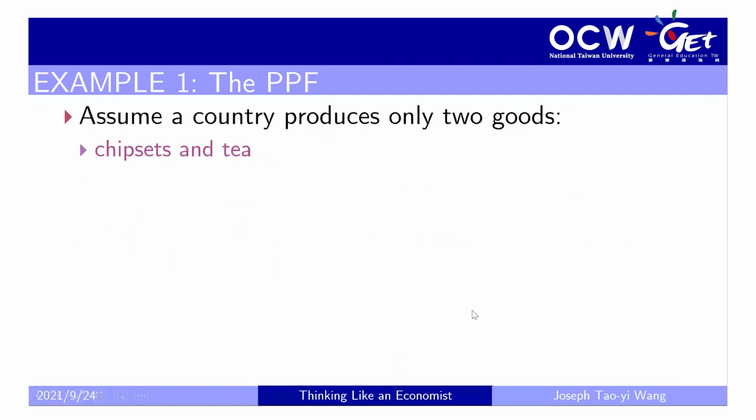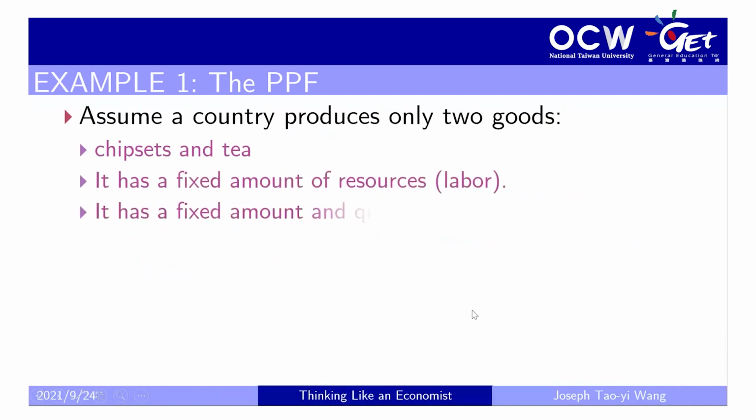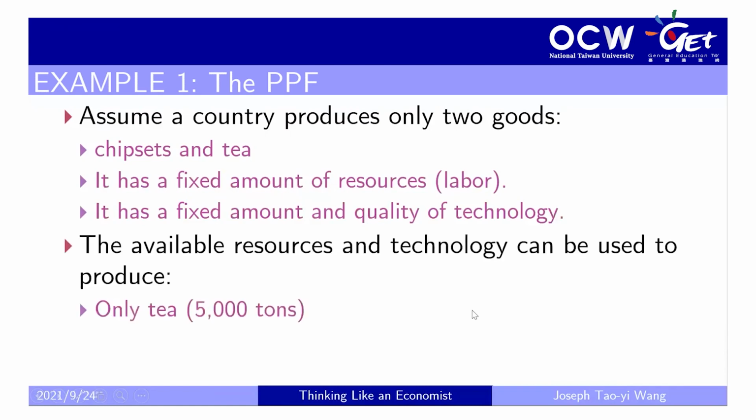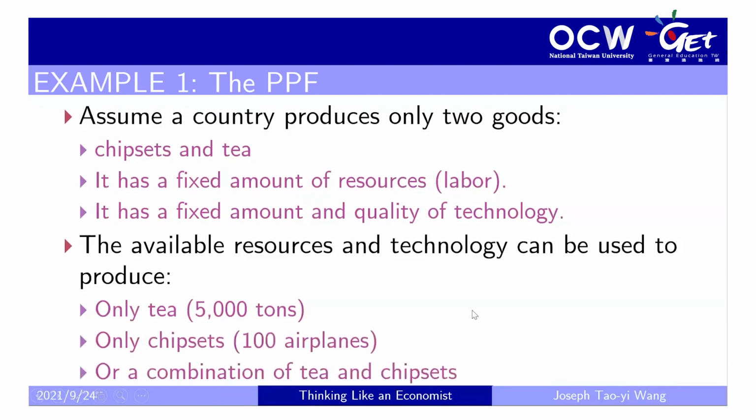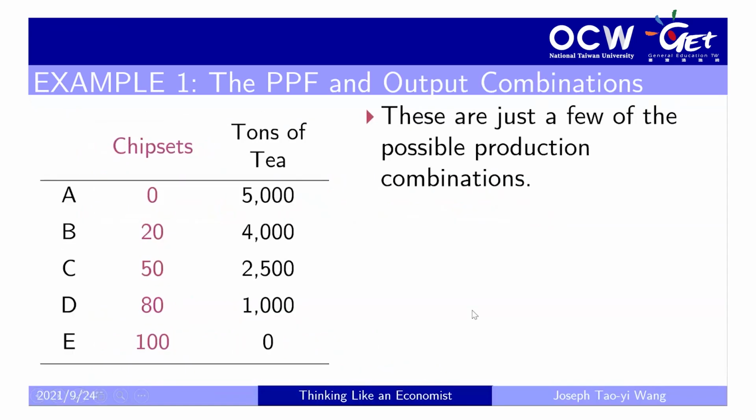Oh, that looks like Taiwan, right? We produce a lot of chipsets and our farmers grow tea. So it has a fixed amount of resources, labor, and a fixed amount of technology. Given these, you can produce only tea, only chipsets, or a combination of the two. These are just a few possibilities.